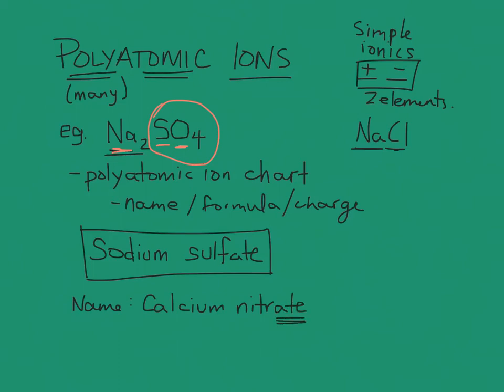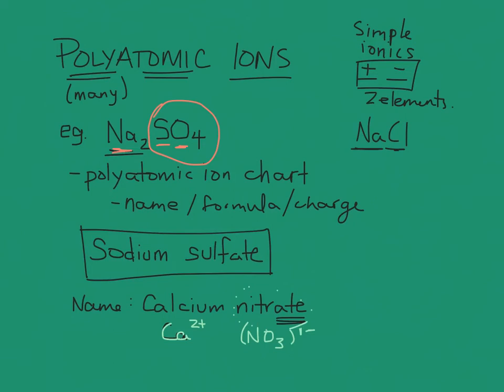That's a really good clue that it's a polyatomic ion. Okay, we'll go through the names in a few seconds. But if I was to look for that, calcium's in the periodic table. So calcium is Ca, it's got a charge of 2+. And then I look at the polyatomic ion table, and nitrate is NO3, and it actually has a charge of 1 minus.